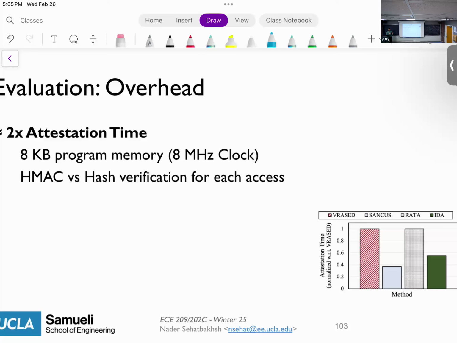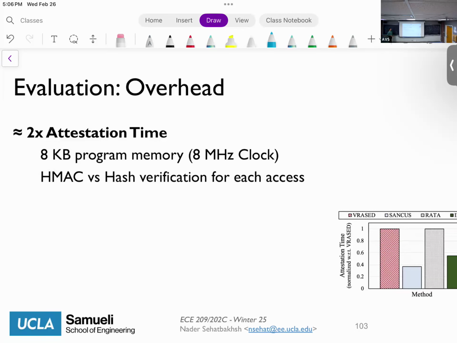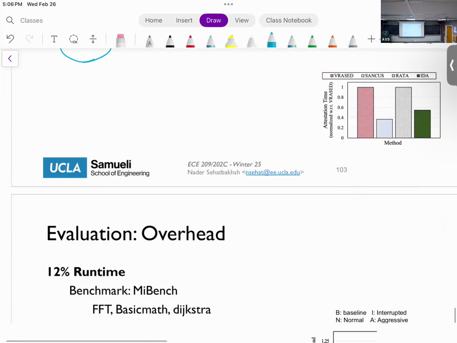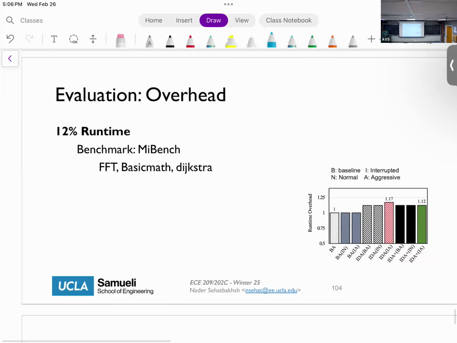That's why HMAC is generally twice as slow as a hash function. So one benefit of our approach is that since the majority of time is hashing and only one time we are MACing, we're actually getting twice as fast attestation time compared to other methods that hash and then do the HMAC all the time. So that's another benefit of the system.